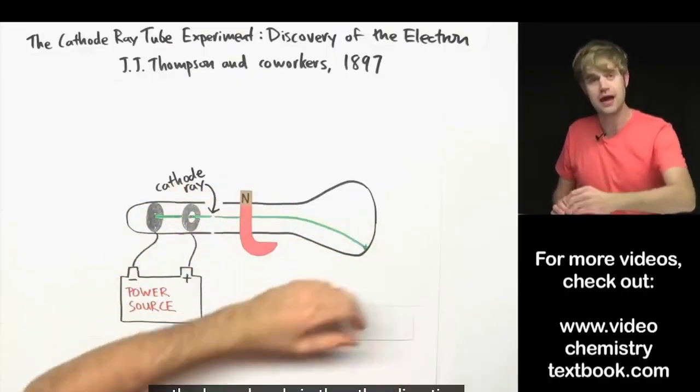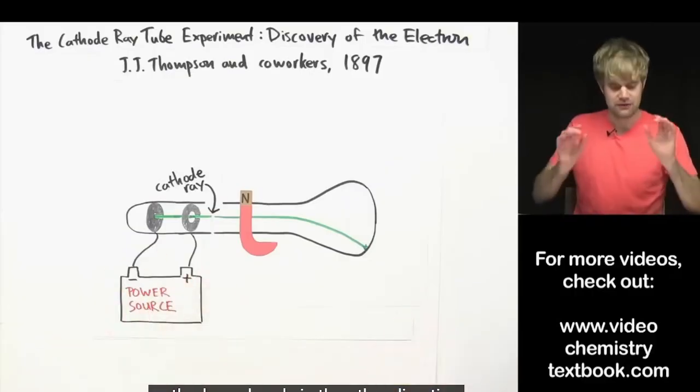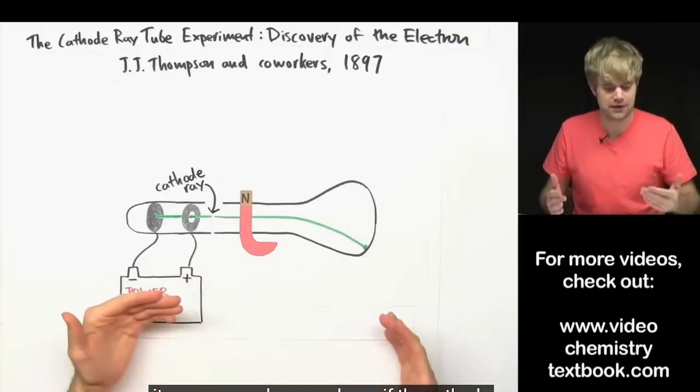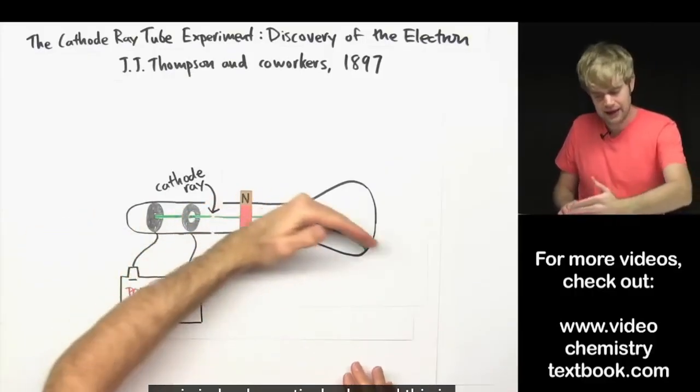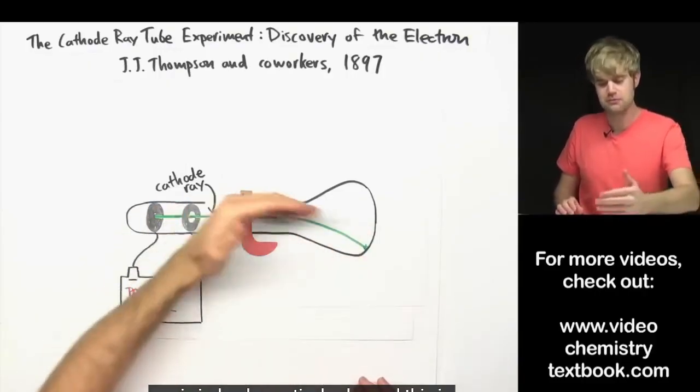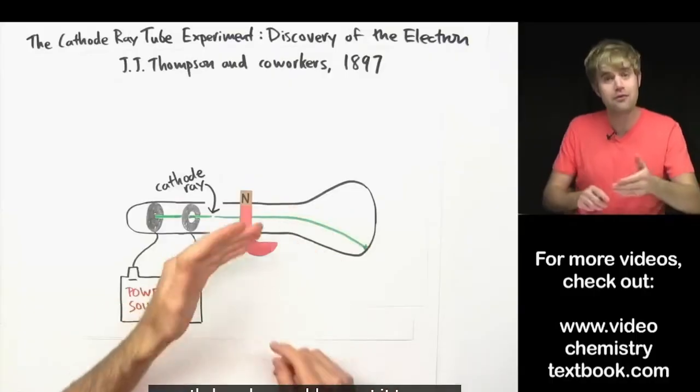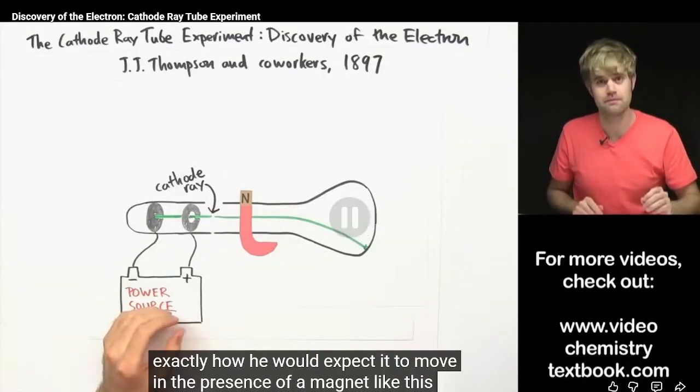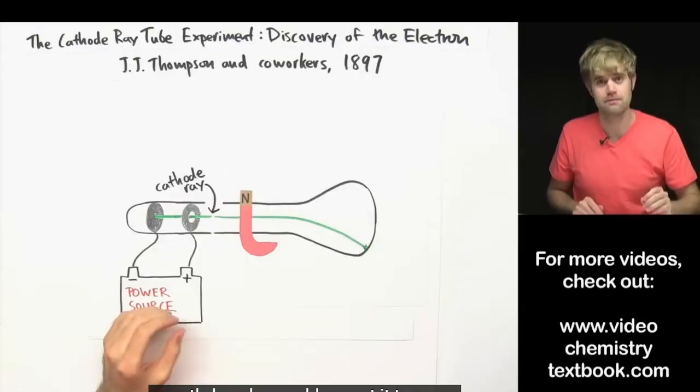So anyway, he puts the magnet here, and he sees now that the cathode ray bends in the other direction. It now moves downward. Now, if the cathode ray is indeed negatively charged, this is exactly how he would expect it to move in the presence of a magnet like this. So he's just confirming his results. If you actually want to understand why and how a magnet makes a moving charge attracted or repelled, you would want to take physics, okay?